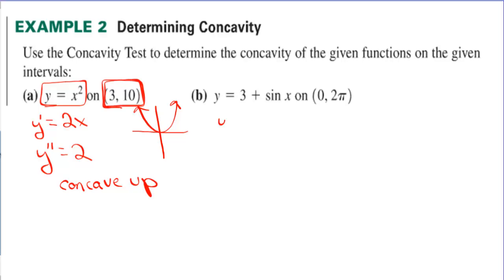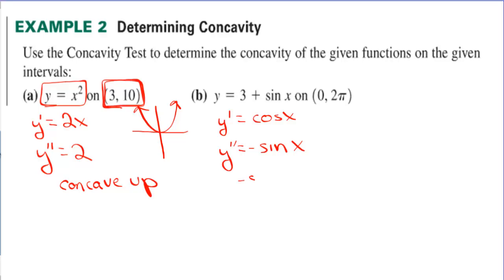For B, the first derivative is the cosine of x, and the second derivative is negative sine of x. And we're looking at from 0 to 2 pi. Graphs can change concavity where the second derivative is 0.